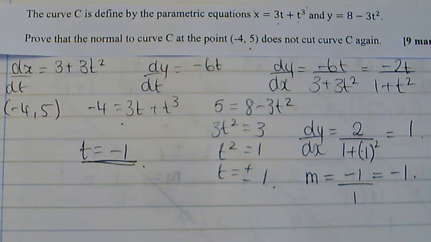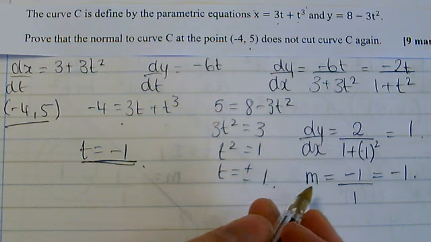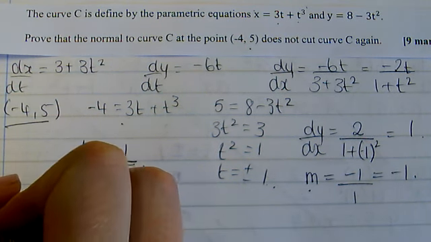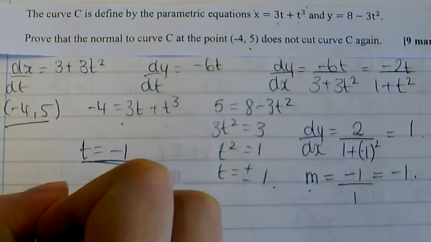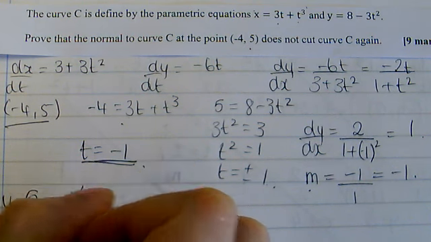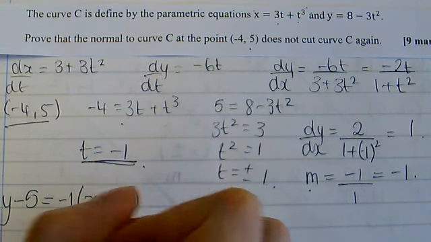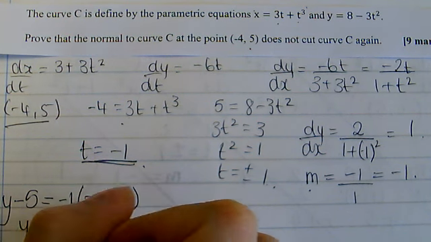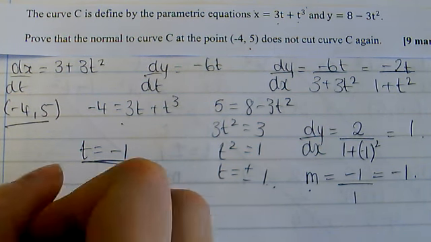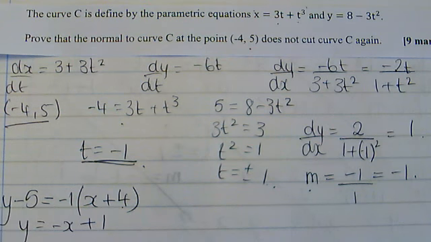Okay, getting this normal then, here's our point, here's our normal gradient, we'd have y minus y1 equals m, x minus x1, so it's x minus minus 4, which is plus 4. So that'd be minus 4 plus 5, which is plus 1.